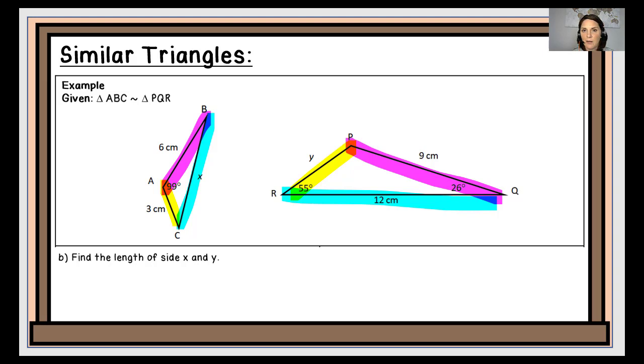So I'm going to set my ratio, my K, equal to 9 divided by 6. I could use 6 divided by 9, it really doesn't matter as long as you're consistent. I'm going to choose big triangle divided by little triangle.